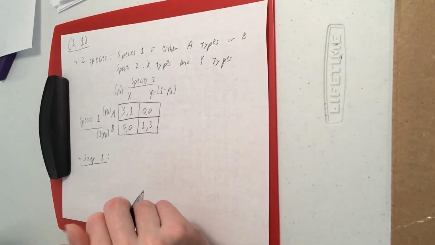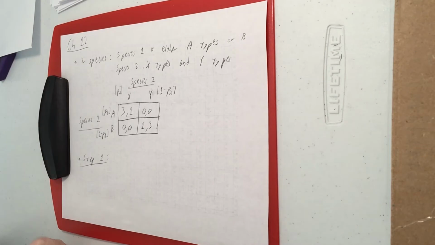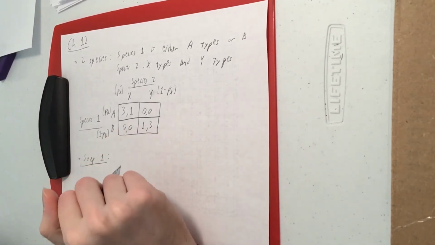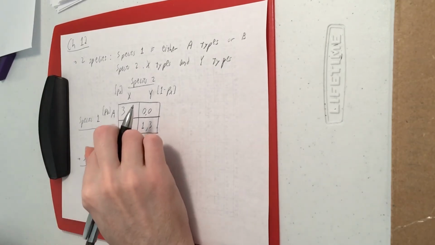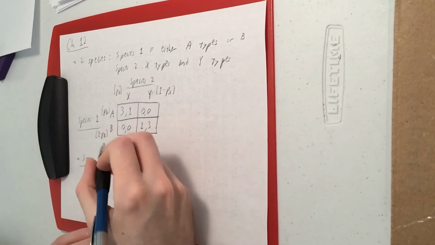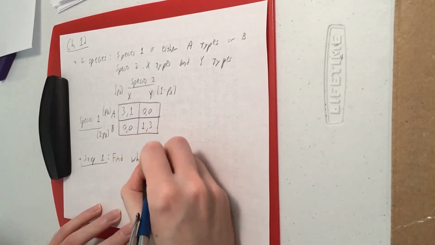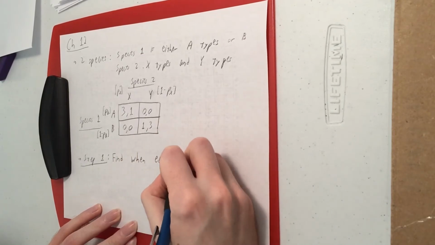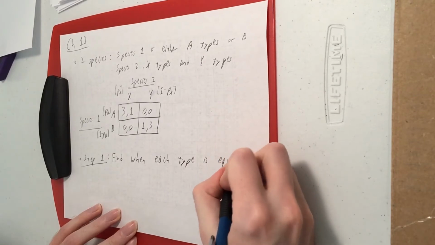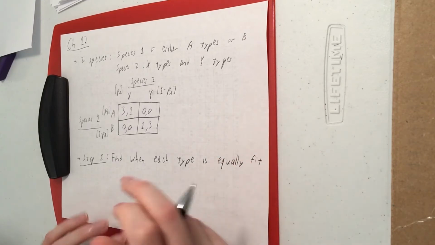There we go. So first we want to find when each type is equally fit. It's going to be a little more complicated here because we have two types for each species, so we've got to do a bit more work. Remember the equilibria are going to be similar to what we had before.